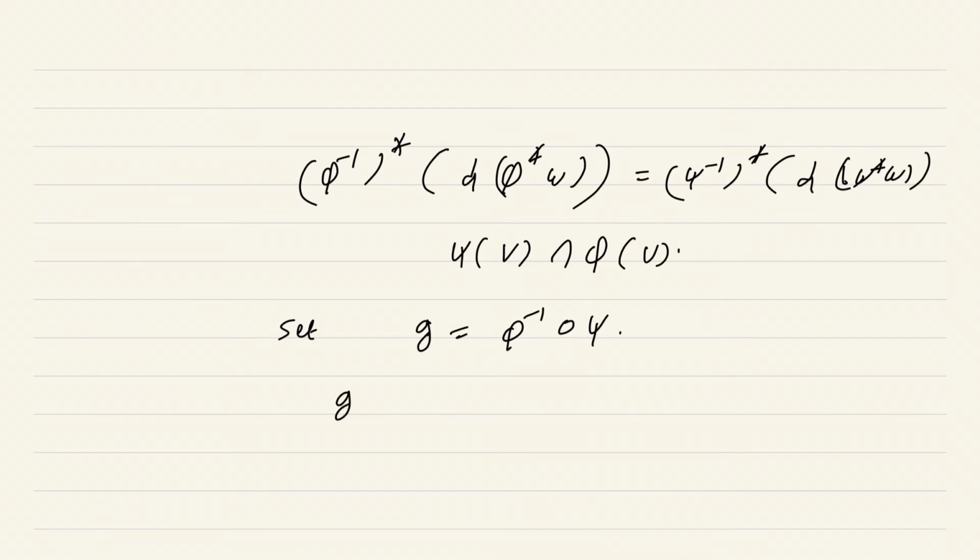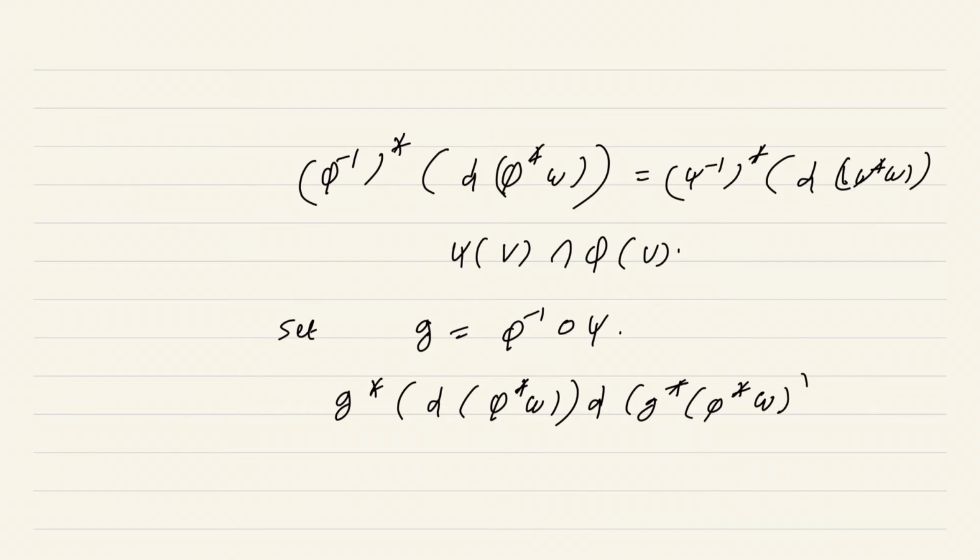So you look at G star d phi star omega, which is d G star phi star omega. This is nothing but d of psi star omega. You just apply the previous corollary to this complicated expression on the left, you would get it. Of course, I have also used the chain rule for pullbacks in this previous computation, which I am just skipping. So just check that this is true.